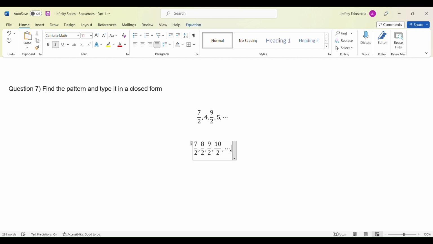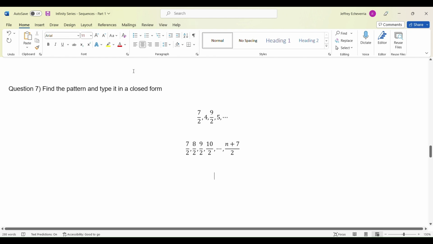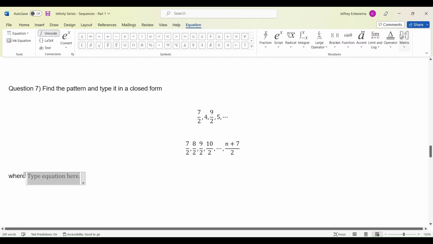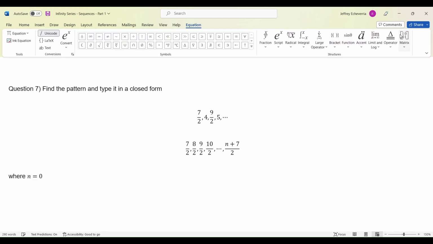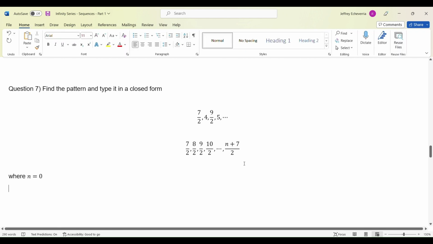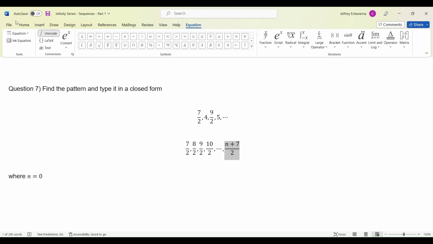So we can finally say it would be n plus 7 over 2, and then we'll shift to the right here, where n shall start at 0. And there's your pattern here. I'll highlight it in yellow just to emphasize it. Starting at 0 if you want to.